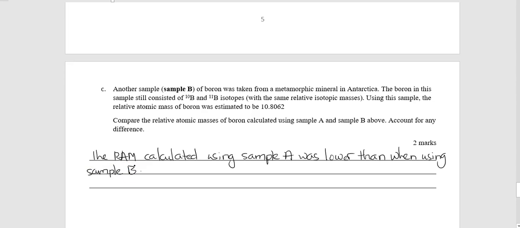You just have to make a comparison. You need to make sure you answer everything that's asked, because a lot of the time people are so fixated on trying to explain that they forget to answer the question, which is to actually make a comparison.